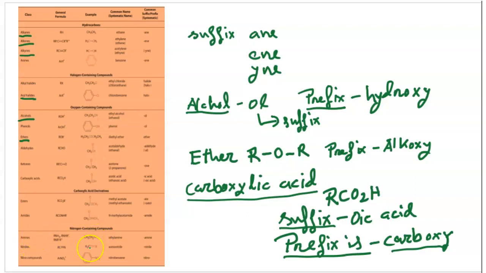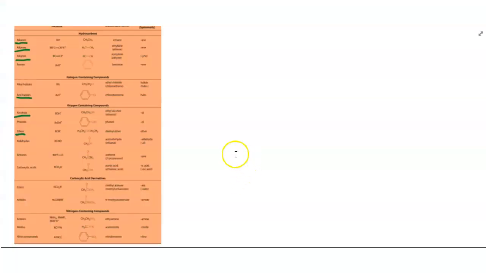So next is amine. In case of amines, the group is NH2. So friends, we see the amine group is in here. Here are the amine groups.